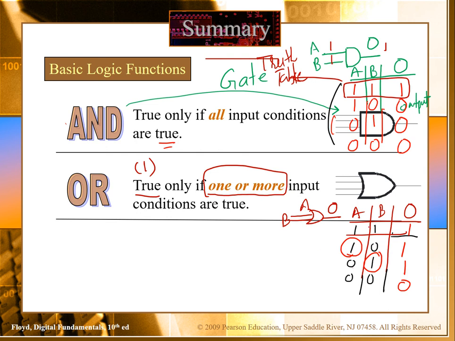AND is usually referred to as multiplication, and OR is usually referred to as addition. So in the addition case, your output will be 1 when at least one of the input conditions is true, like when one of your inputs has bit 1, then your output will be 1, otherwise you will get 0.